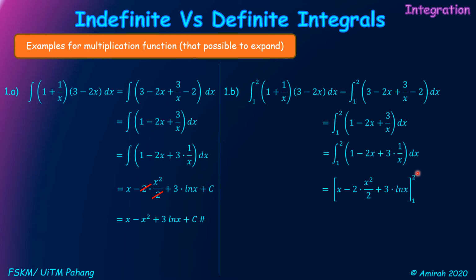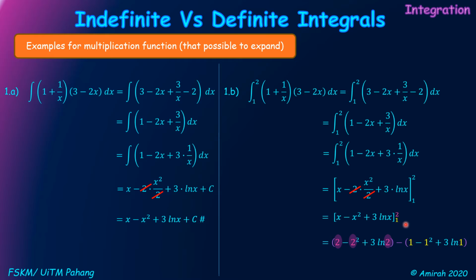The steps above are similar to the indefinite integral, but for a definite integral we have no plus c, and we must put a square bracket with the lower and upper limit. After that, we simplify the 2 here, and we get x minus x squared plus 3 ln x, but no plus c.